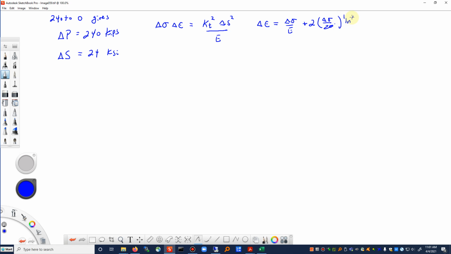So let me take a look at my spreadsheet, and we're going to adjust some values, and we're going to check those formulas.